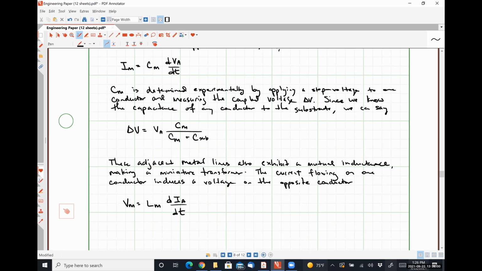So how do we minimize crosstalk? This should be fairly obvious. Currents running in the same direction, or running parallel to each other, would actually be the worst case scenario. If they were parallel or anti-parallel, that would be bad, because then the field of one will easily traverse the other one.